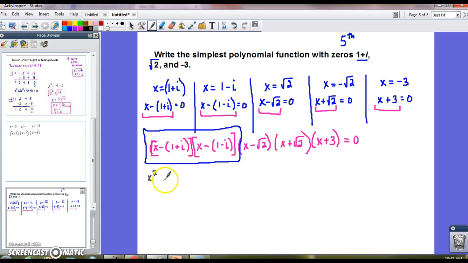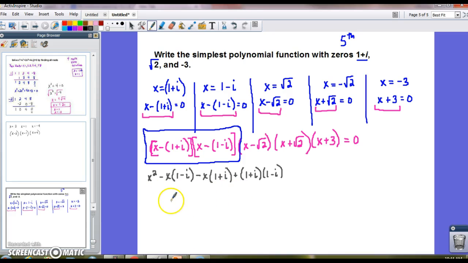Multiply my outside terms, get negative x times 1 minus i. Multiply my inside terms, negative x times 1 plus i. Multiply my last two terms, 1 plus i times 1 minus i. Okay, so I just multiplied together the parts in that blue box.